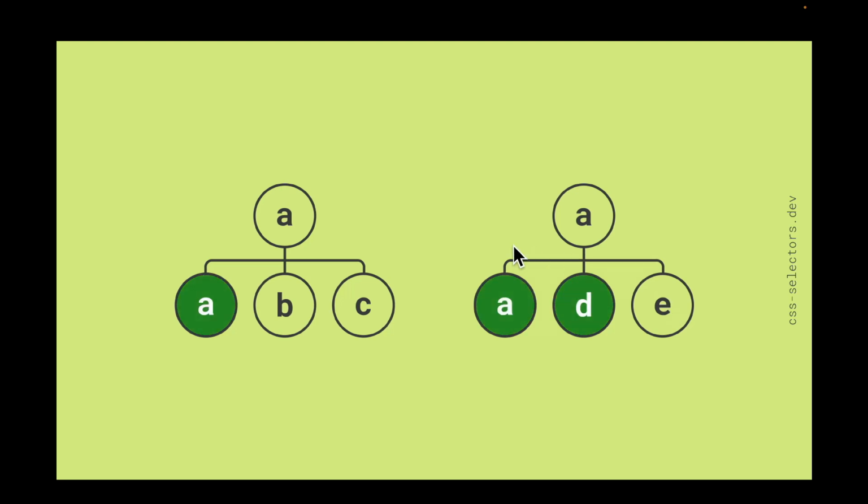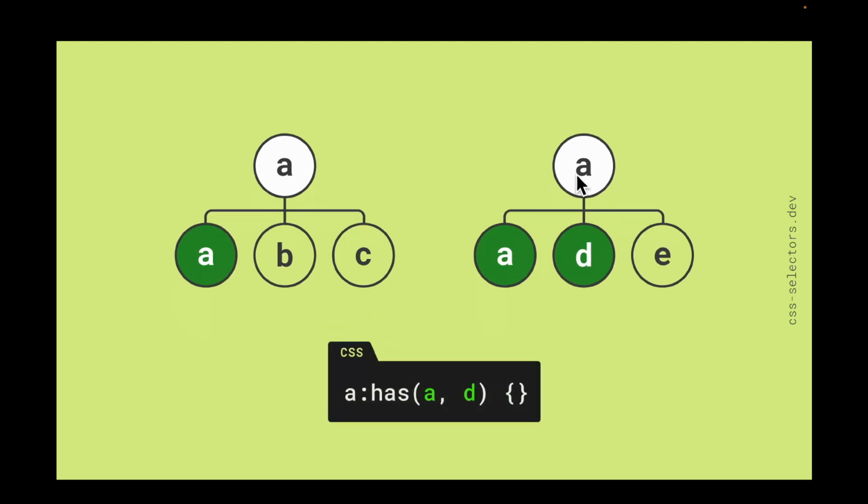Our goal here is to see if the parent element contains either A or D as child elements, and if so, we will select the A element as the parent element. In this case, the first one has A as a child element, and the second one has A and D as child elements, so both parent A elements will be selected from this has pseudo-class.